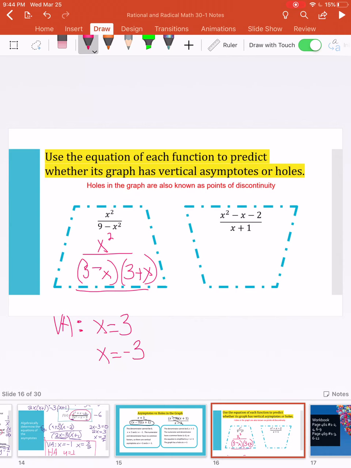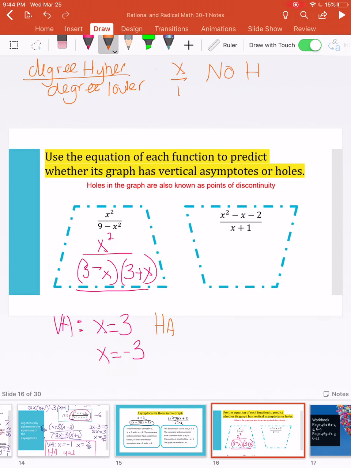Okay, and while we're looking at it, let's look at the horizontal asymptote too. If you remember our rules, I'm just going to write them out at the top here again. If the degree of the numerator is higher than the degree of the denominator, for example, if we had x over 1, there's no horizontal asymptote.